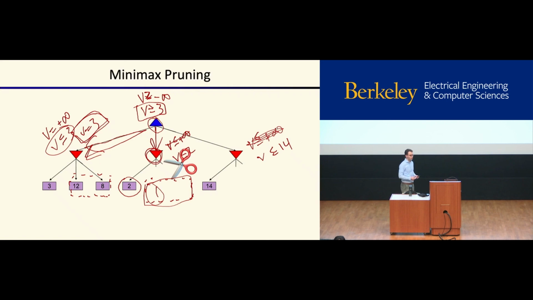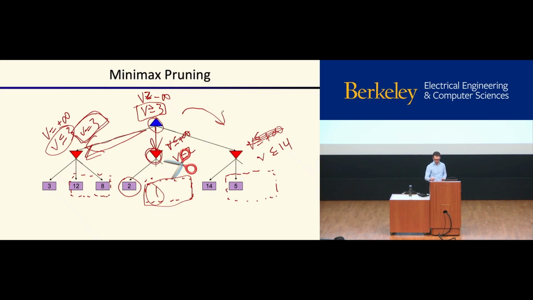Yeah, we do. Why can't we just stop early? What's a value that could be in this zone that would cause us to want to go here? Well, anything bigger than 14, then the minimum is 14, and this is a better path, right? So if 14 is the minimum, we'd want to go this way. So we can't prune it yet.